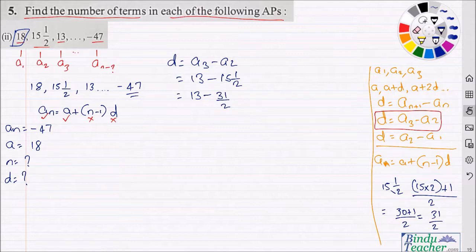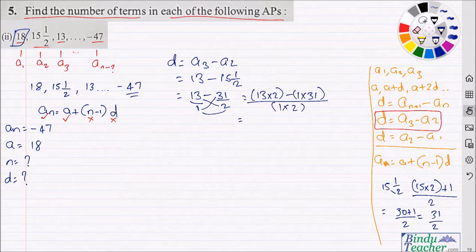Okay, so 13 minus 31 by 2. Now we have to subtract 31 by 2 from 13. So for this we will write a denominator, which is 13 divided by 1. Now numerator into denominator, we get 13 into 2 minus, again numerator into denominator, 1 into 31 divided by denominator into denominator, which is 1 into 2.